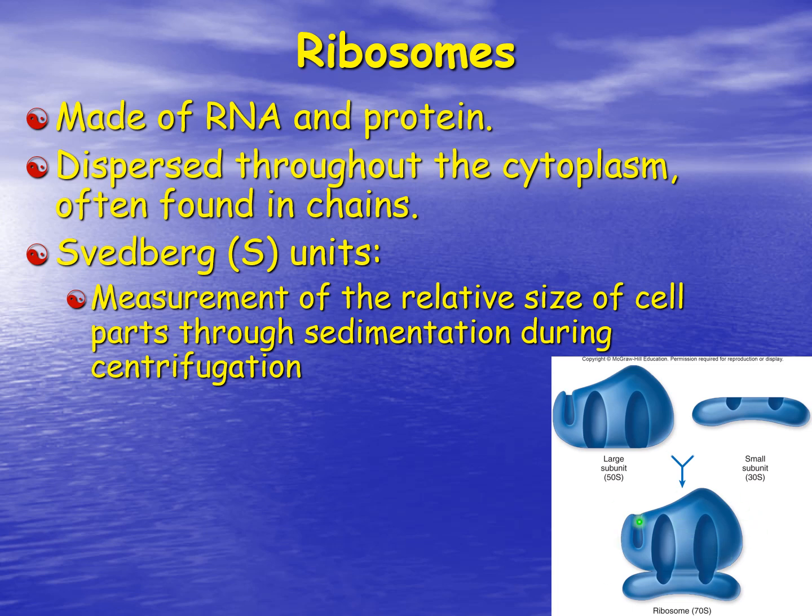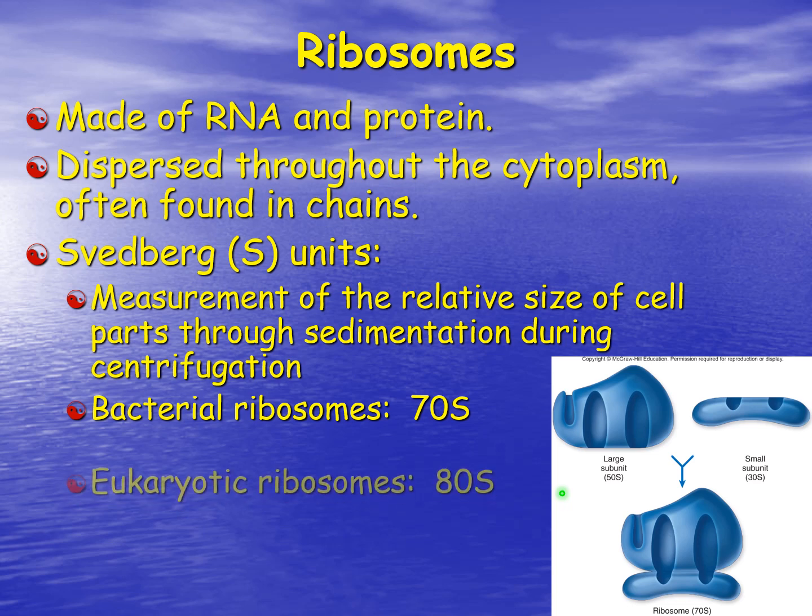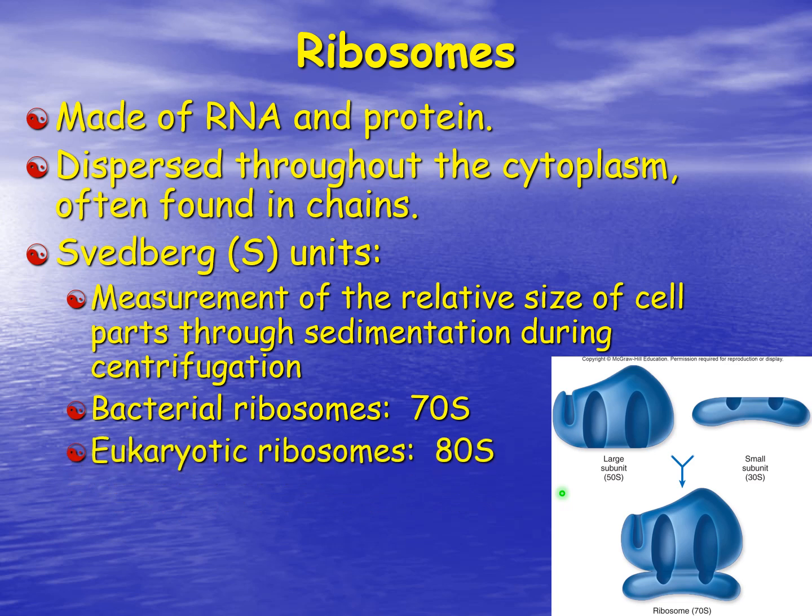Oh, I only wish that would happen with me. But this is a 70S ribosome found in prokaryotic cells. In eukaryotic cells, however, the large subunit is a 60S subunit, the small one is a 40S, and they come together to form the 80S ribosome. We'll talk a little bit more about them in the next chapter.